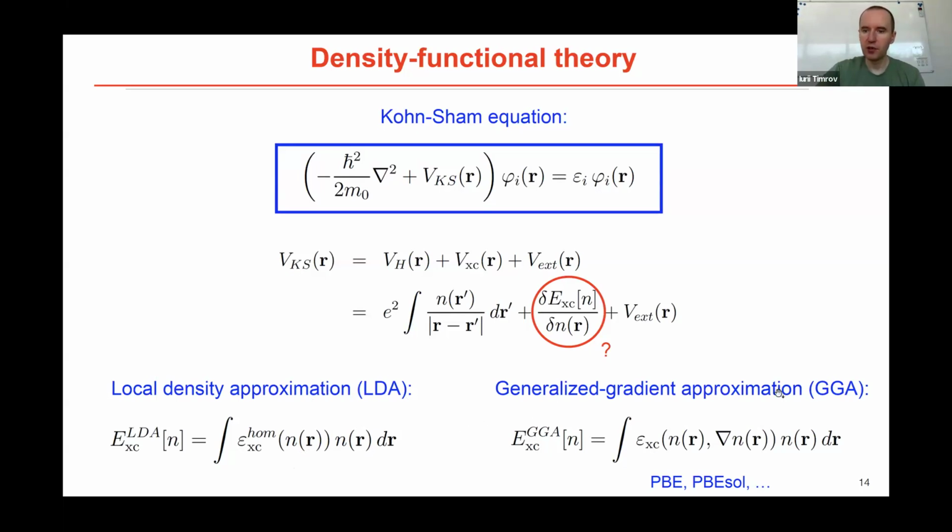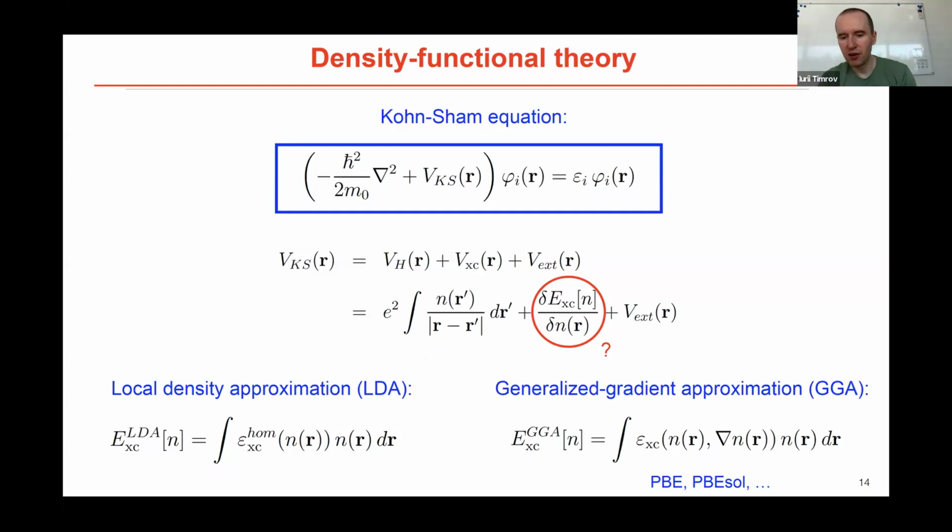Instead, in the generalized gradient approximation, we just go one step forward. Instead of just working with the density, we also work with the gradient of the density, hoping that it gives us more information about how the density changes, and it should improve the results.